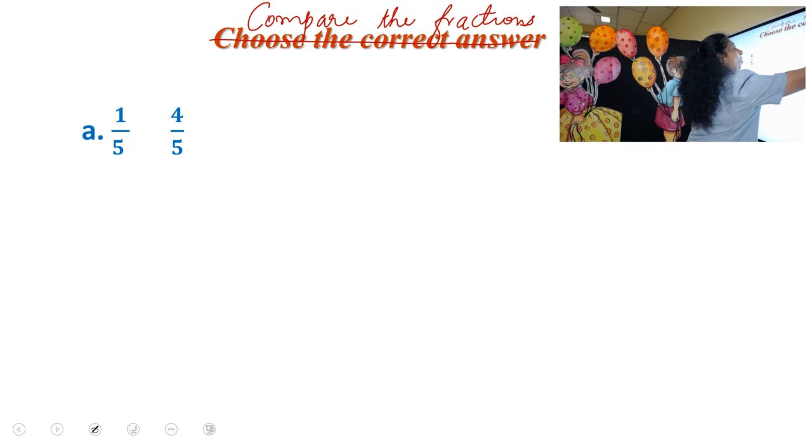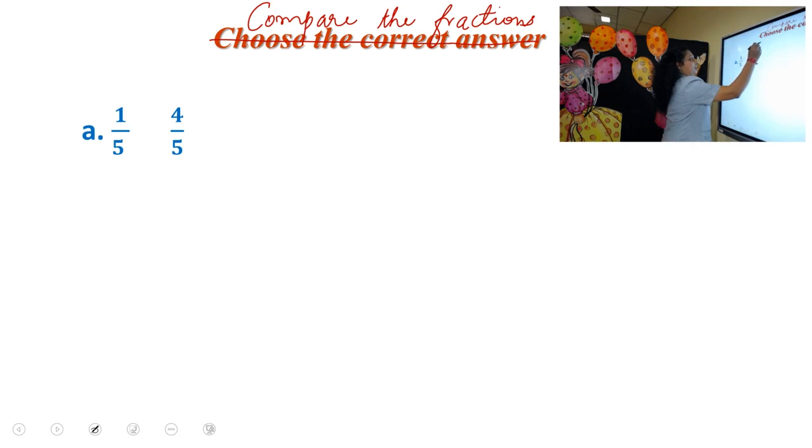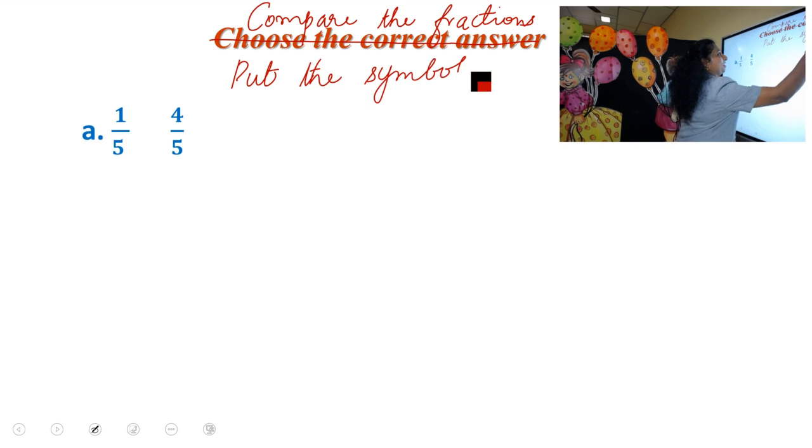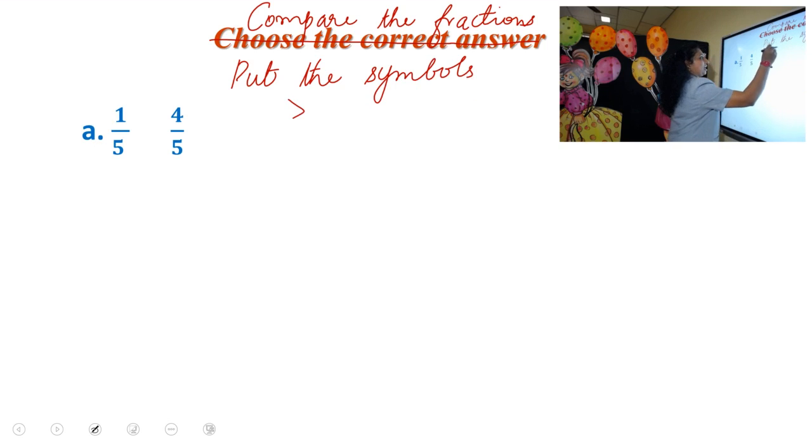That is, or you will get the question as using symbols. Put the symbols. We know the symbols. Which are the symbols? Greater than or less than symbol. Put the greater than or less than symbol. So 1 by 5 and 4 by 5. Here, which symbol will come?